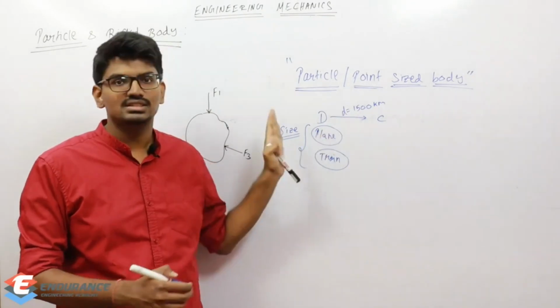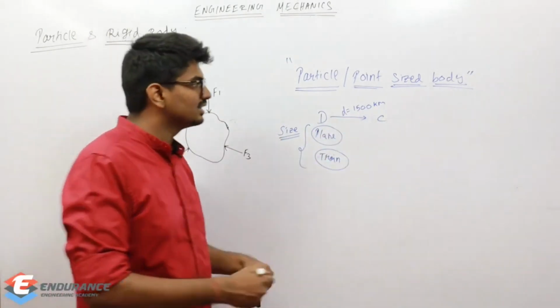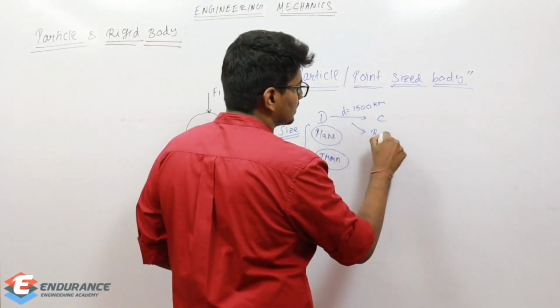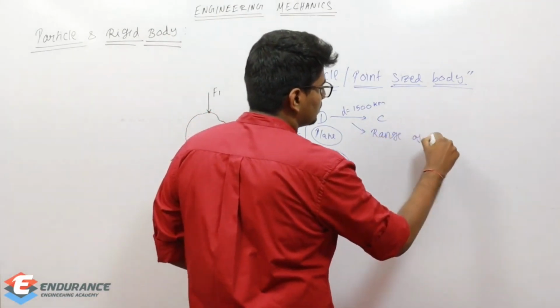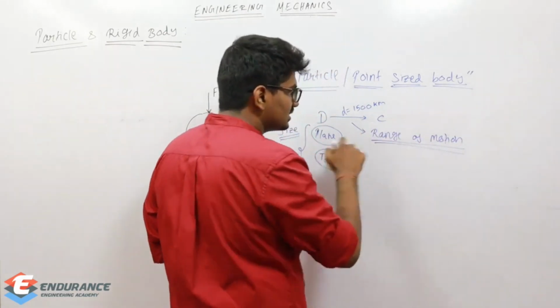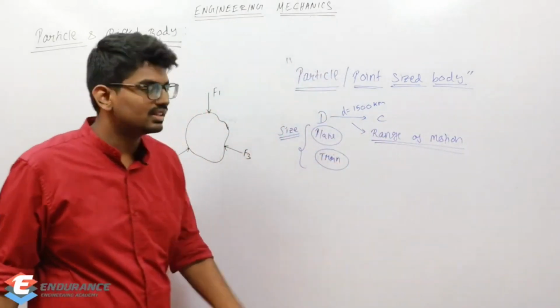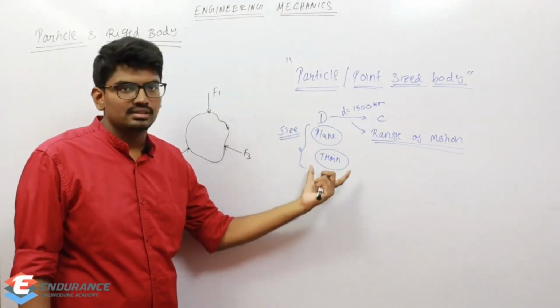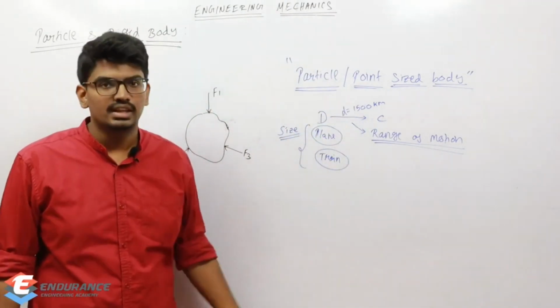And that we can call the range of motion. What is meant by range of motion? The distance this particular body has traveled, the distance this plane or train has traveled from Delhi to Chennai.